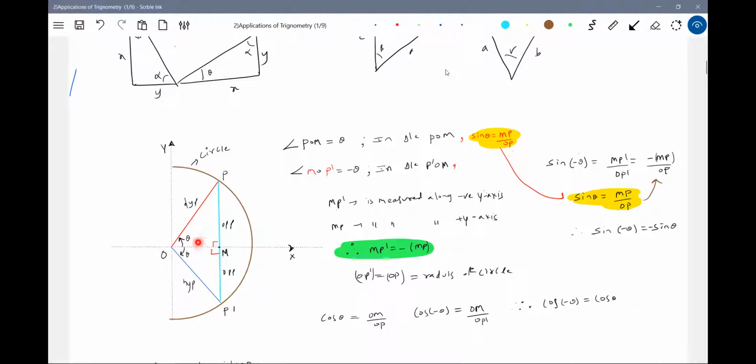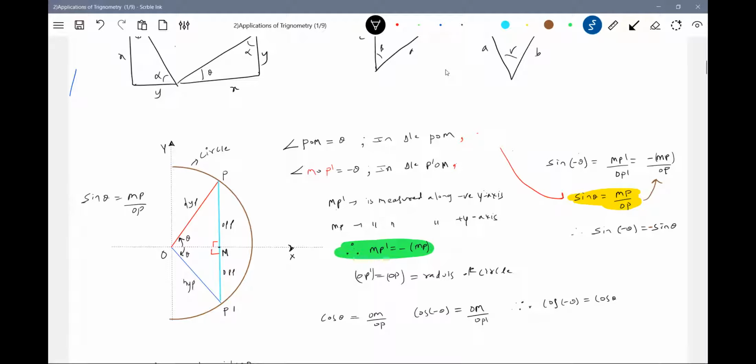Agreed. Let's define the terms. Sine theta is MP by OP. Sine of minus theta is MP dash by OP dash, and we know MP dash is equal to minus MP.